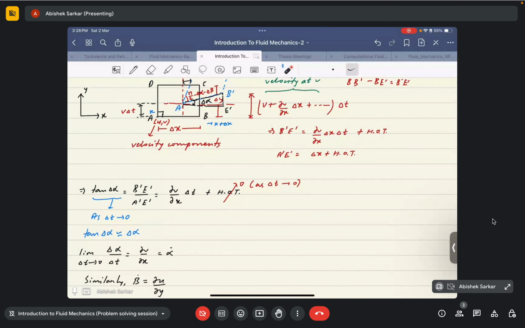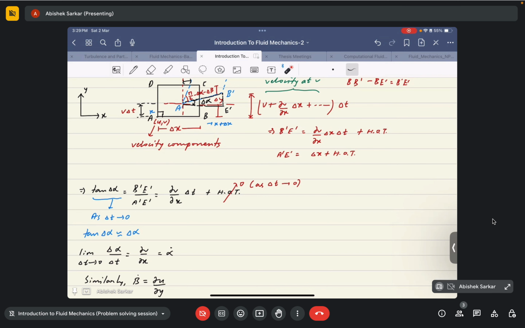See, in the very first class, while we were defining fluid, we said that the major difference between a fluid and a solid is that under the application of a certain force, the fluid will continue to deform infinitely as long as the force is being applied, right?